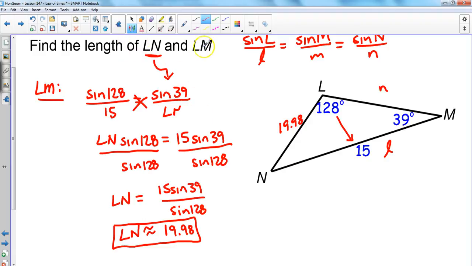The next part I want to solve for Lm, so that's this piece over here. A little bit of work to do before then. I need to figure out what this angle is right here, angle N. So the measure of angle N is going to be equal to 180 minus the sum of these two.